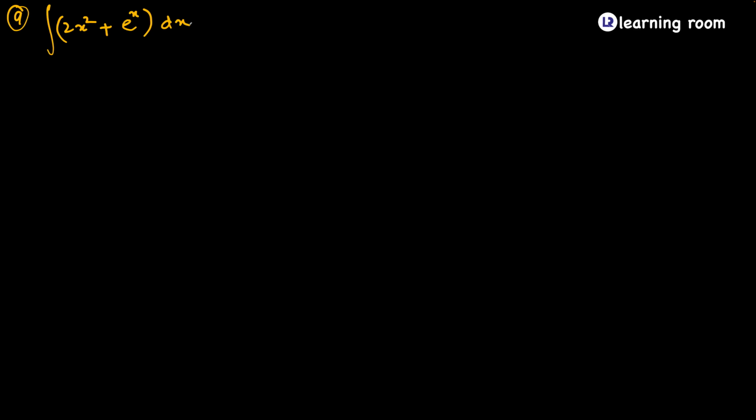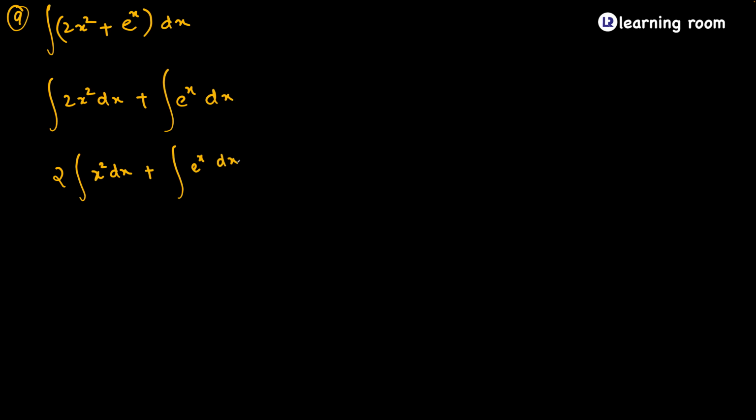So what is going to be the answer? 2x cubed by 3 plus c. Correct. So it will be integral of 2x square dx plus integral of e power x dx. So take the 2 outside. 2 into integral of x square dx plus integral of e power x dx. So 2 into what is going to be the answer?